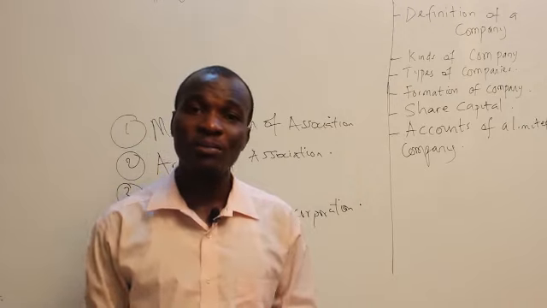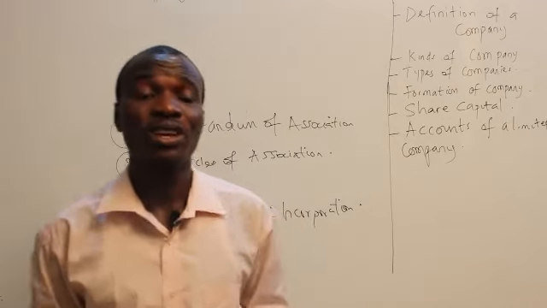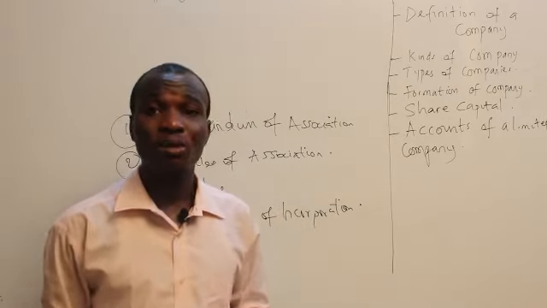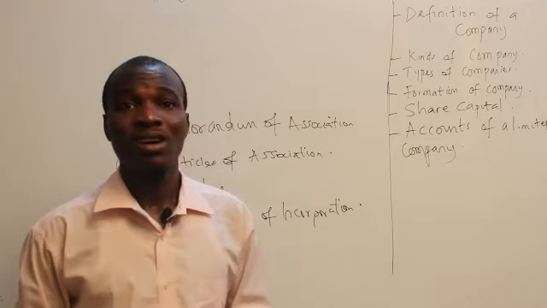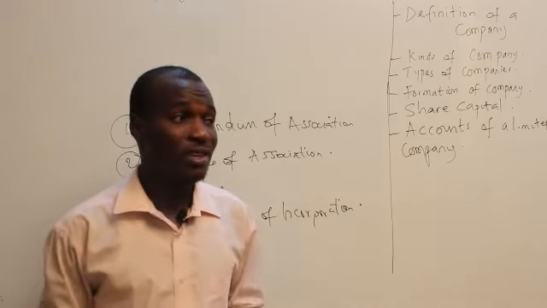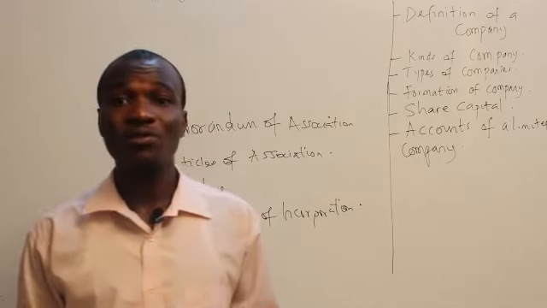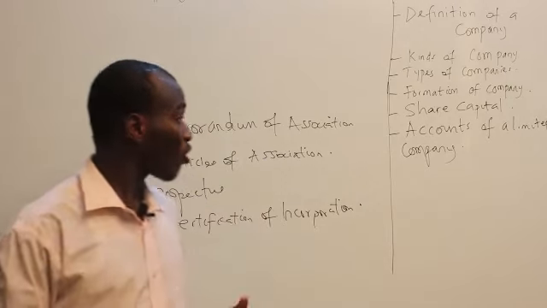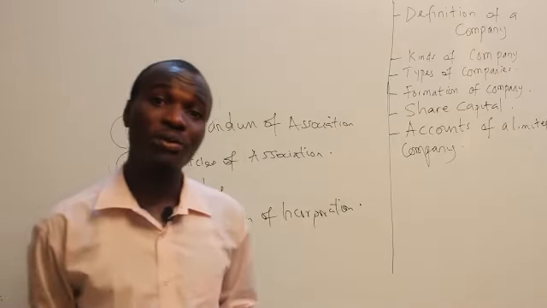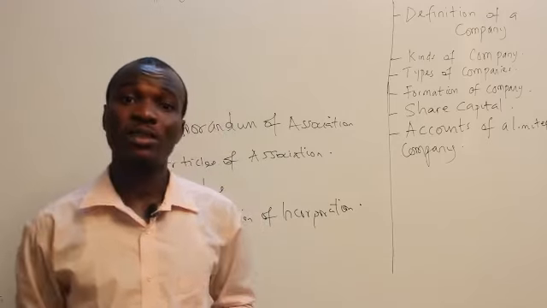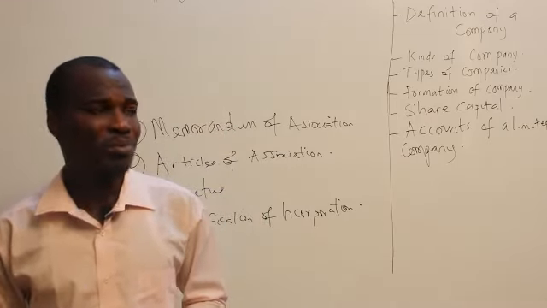The purpose must be fully known by the public. And number four, the authorized share capital, that is, the registered capital of the company, must be fully stated.